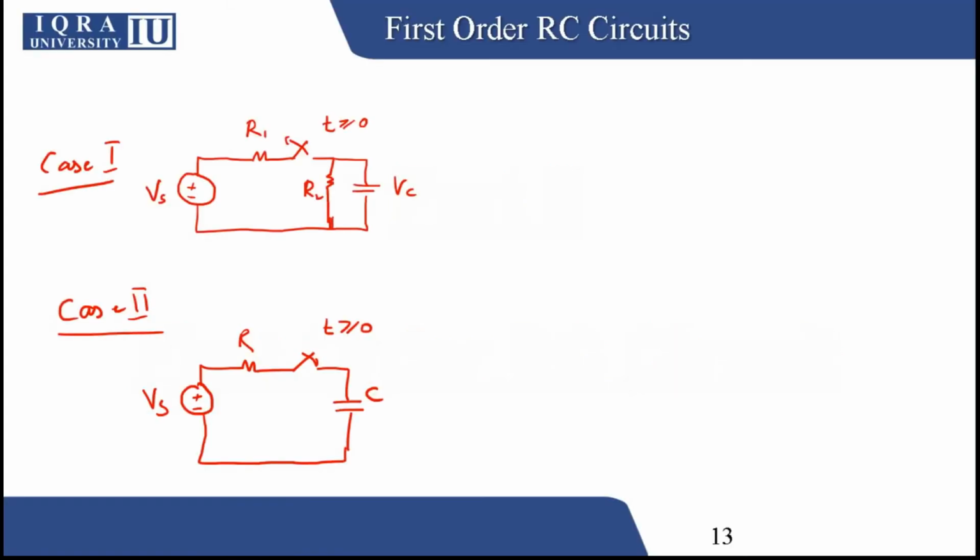We have two cases. In one case, we have a voltage source, and the switch will be open at t greater than or equal to 0. When the switch is open, the voltage stored in the capacitor will be dissipated on the resistor.